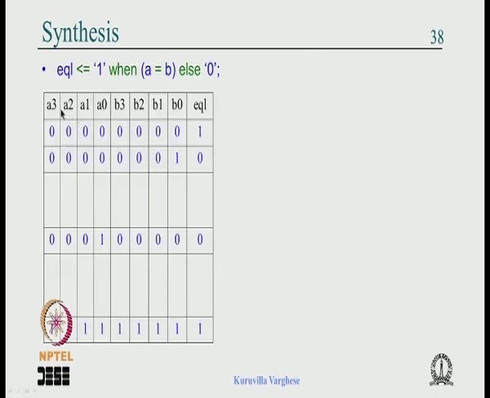We have A3, A2, A1, A0, B3, B2, B1, B0 as the input part, and equal is the output part, so this is 8 bits. You can imagine there are 2 raised to 8 rows, and wherever the A pattern and B pattern match, we write 1, and everywhere else it is 0.